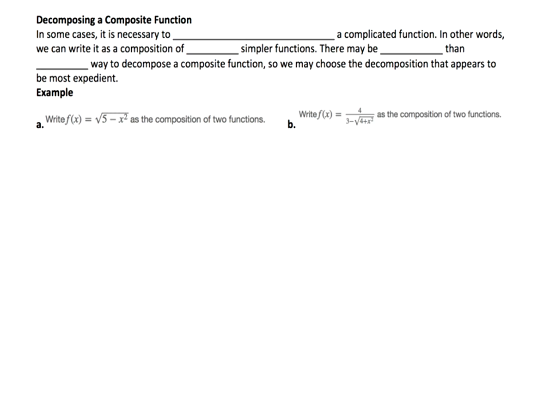Decomposing starts with a function that has already been put together, and you break it up into the 2 separate functions that it came from composing. In some cases it is necessary to decompose a complicated function. In other words, we can write it as a composition of 2 simpler functions.